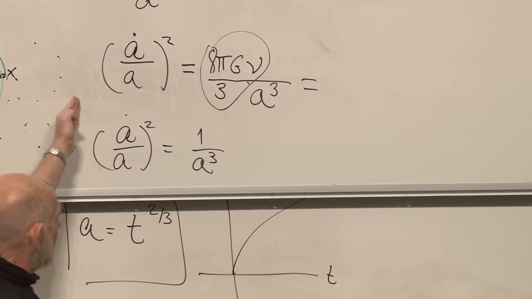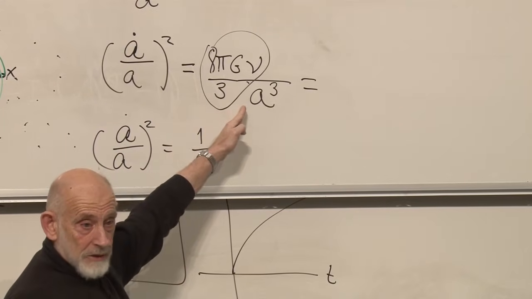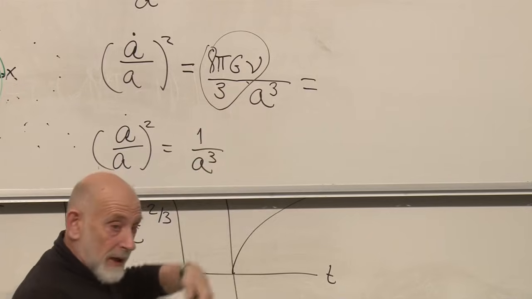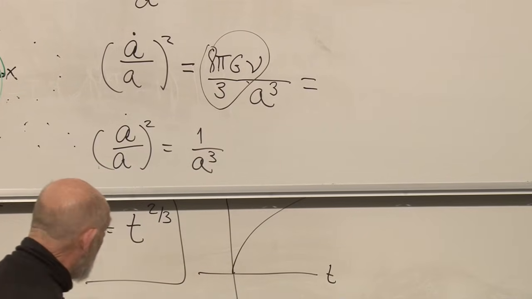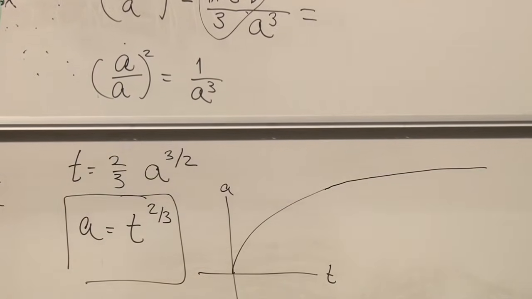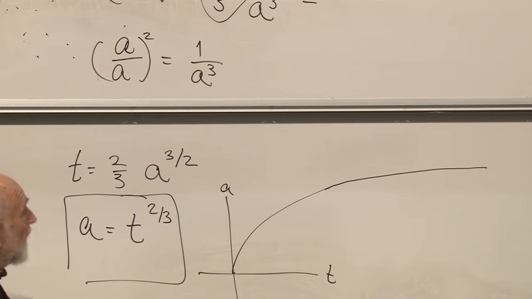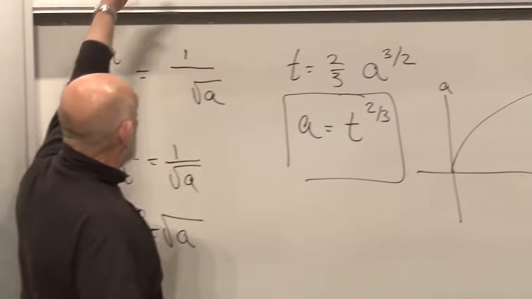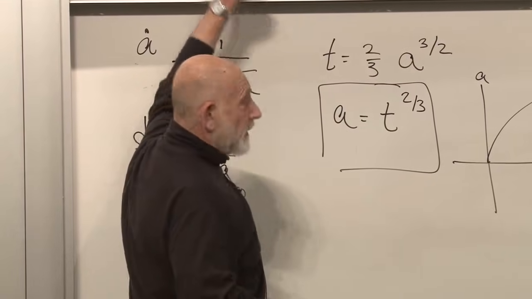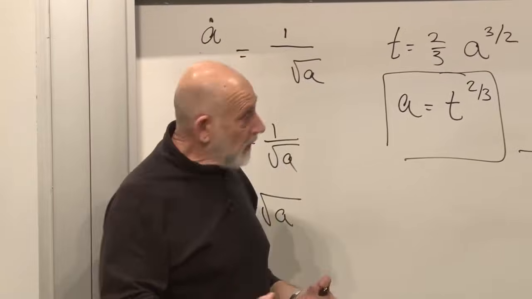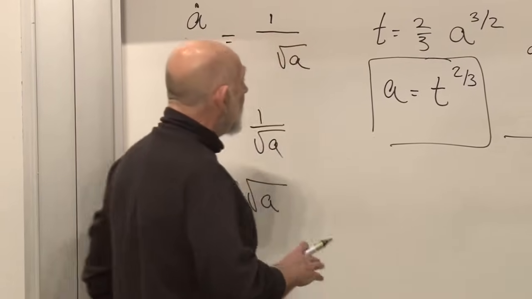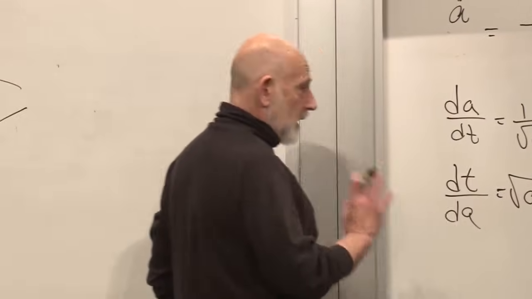How do I know it doesn't become 0? Because the right-hand side is never 0. It gets smaller and smaller as a gets bigger and bigger, but it never goes to 0. And that's why the universe decelerates. Another way to see that it decelerates, it's just a particle moving away from a fixed force center. It will decelerate because of the attraction by the force center. And that was lesson number 1.